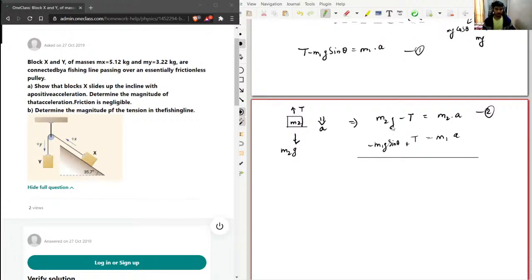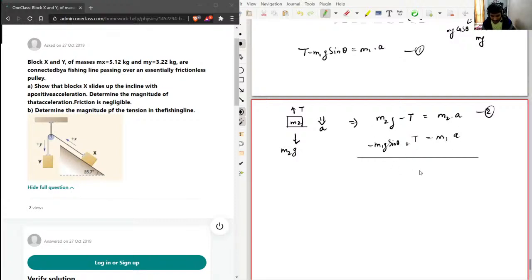First I wanted to tell you that I have assumed the acceleration is going in the upper direction, as it is mentioned in the question. So if I get a positive value of acceleration, then my assumed direction is correct. If the acceleration comes out to be negative, then my assumed direction was not correct, and it is going to be the opposite direction.